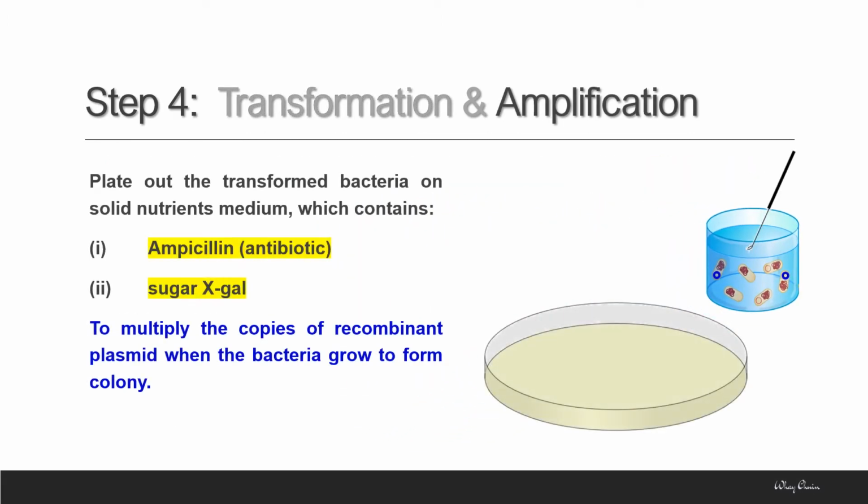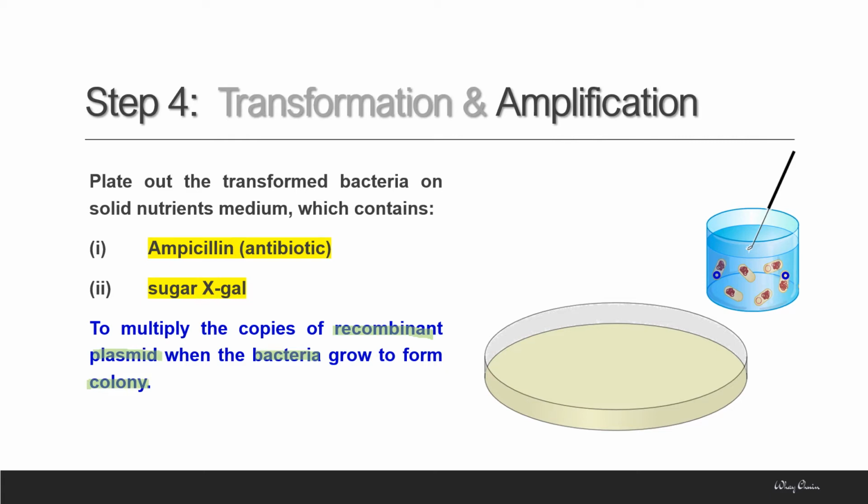Let's study amplification in step 4. Amplification means making many copies. So to produce many copies of recombinant plasmid, we need to provide a medium for the bacteria to grow into a large number. And the large number of bacteria we call a colony.